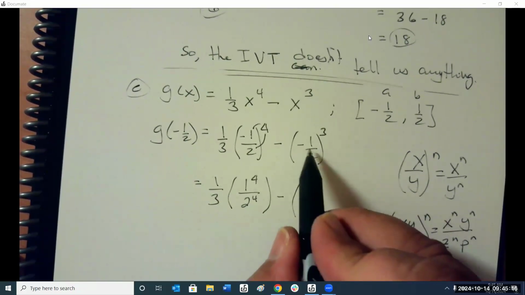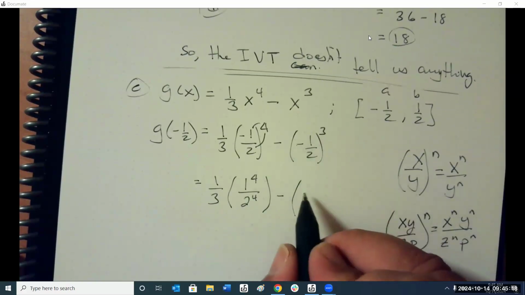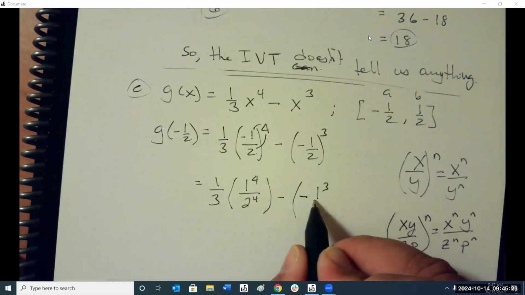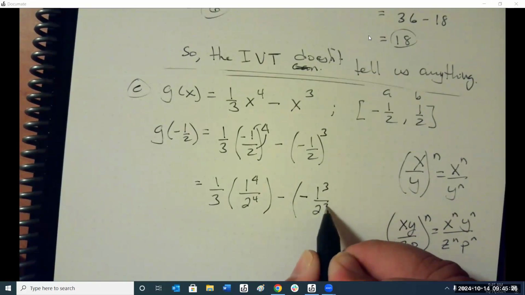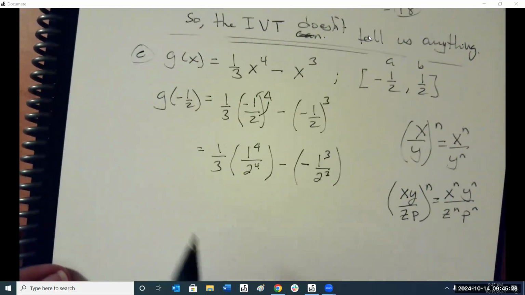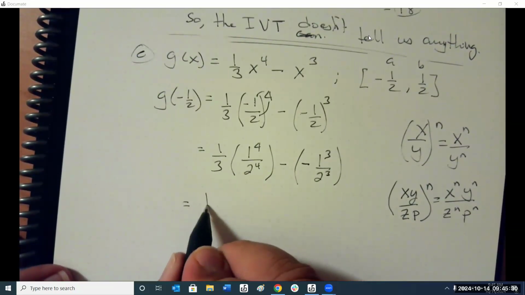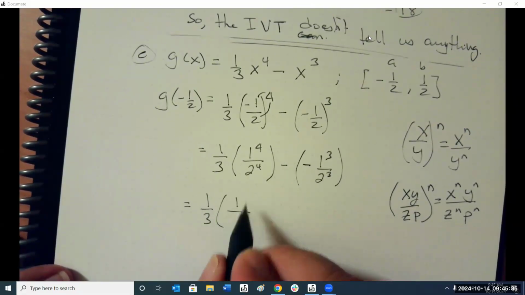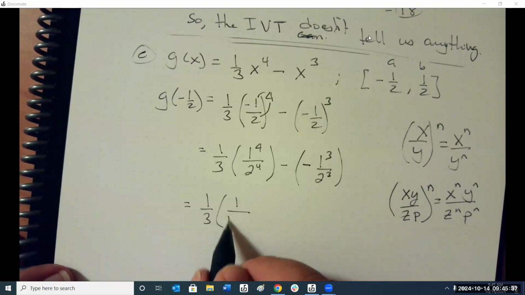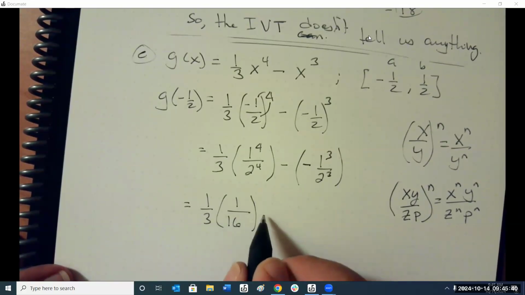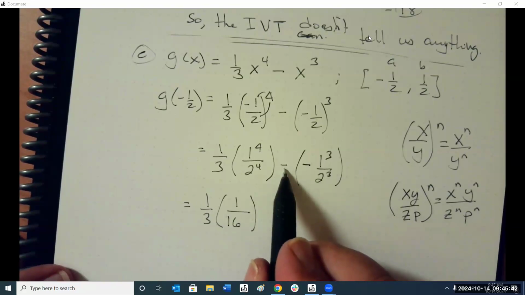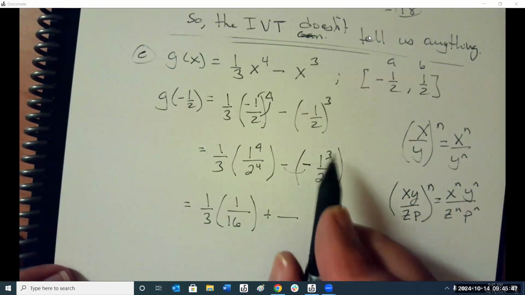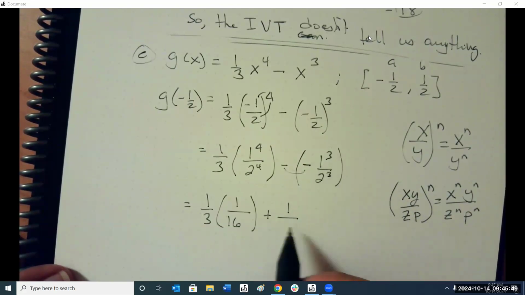Now, the next one, since it's a negative sign to an odd power, it's going to stay negative. It's going to be 1 cubed over 2 cubed. One to the fourth is 1. 2 to the fourth is 16. A negative times a negative is a positive. 1 cubed is 1. 2 cubed is 8.